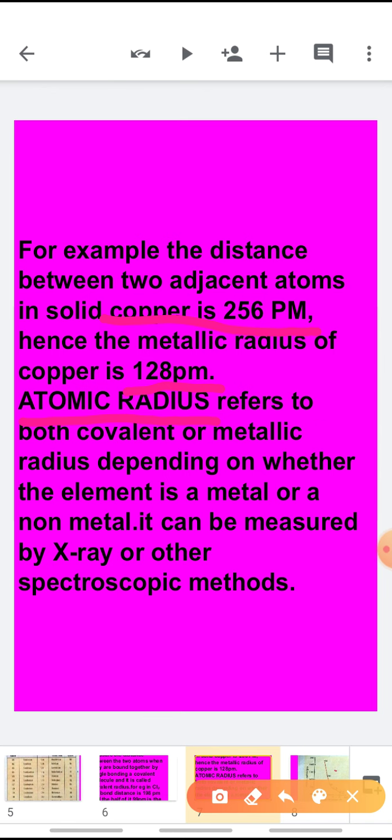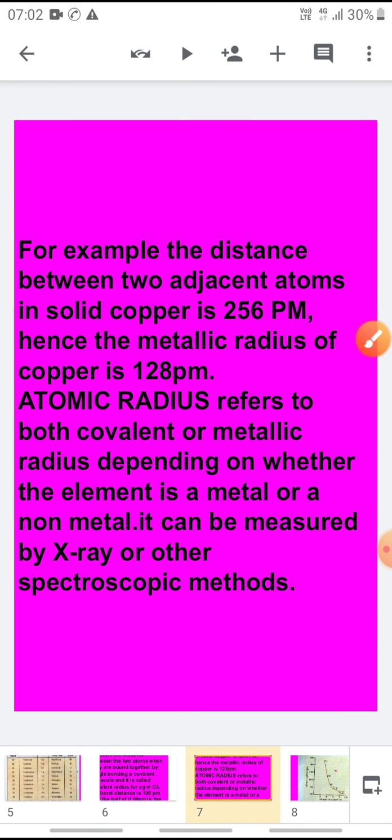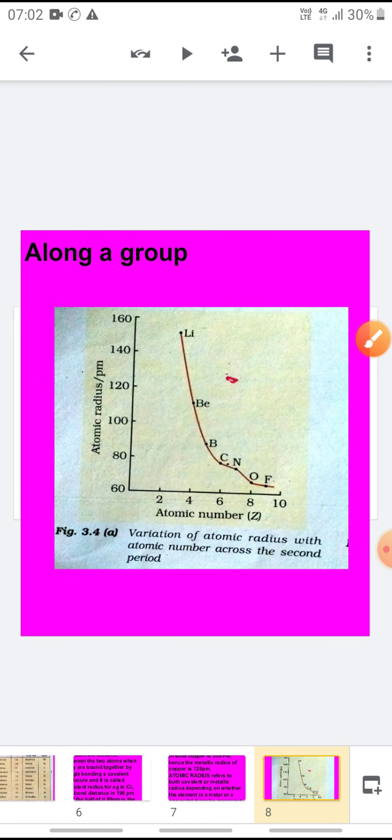There are various techniques by which we can measure the atomic radii, either the covalent radii or the metallic radii, like X-ray or other spectroscopic techniques. Now see how the variation takes place along a period.